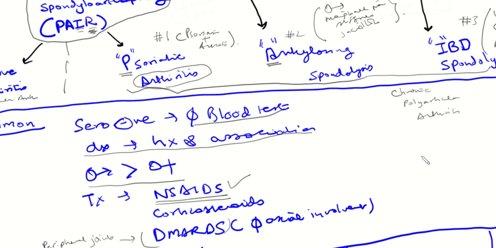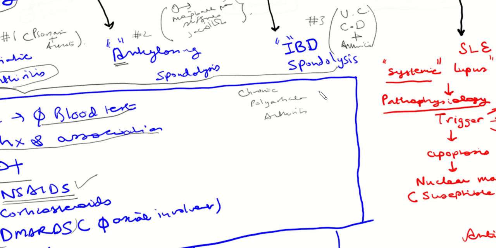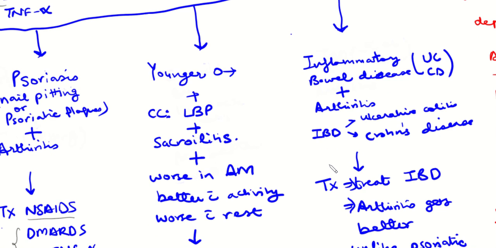Last but not the least, inflammatory bowel disease spondylitis. So patients have either ulcerative colitis or Crohn's disease, and now they start to develop arthritis. That's what inflammatory bowel disease spondylitis is.